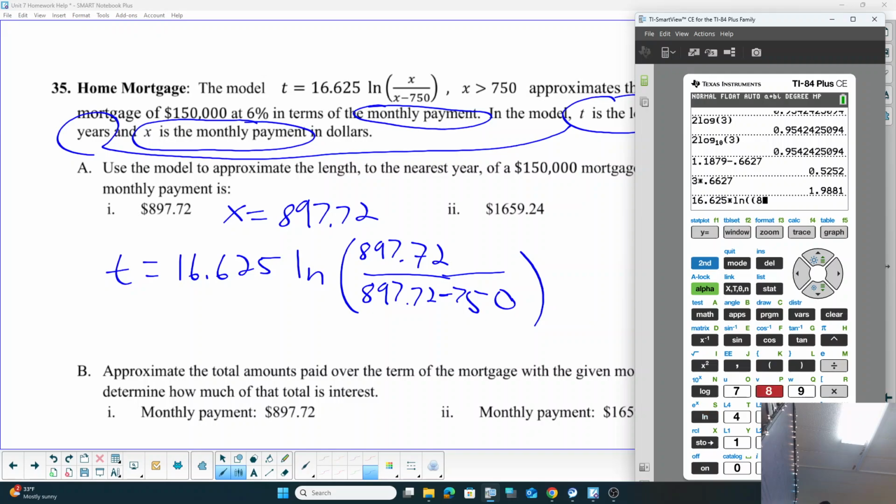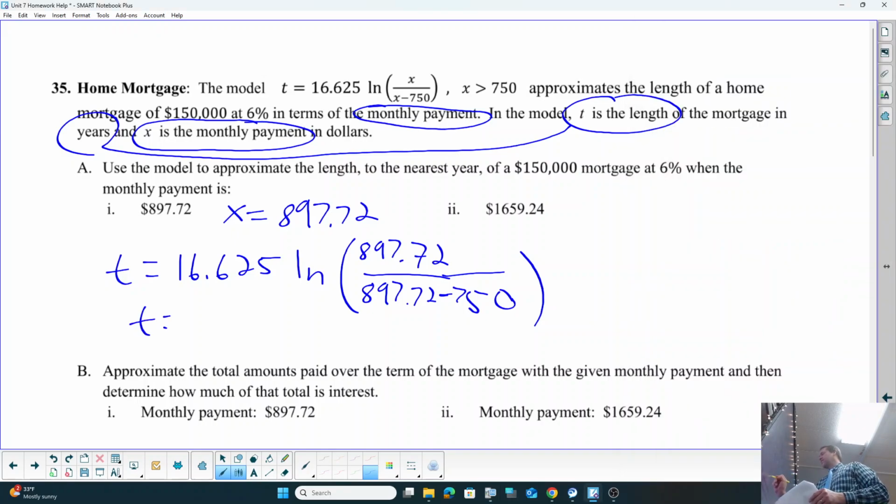So times 897.72, close parenthesis, divided by 897.72 minus the 750. Close parenthesis. What did we get? We got 30 years is what we're looking at there. So t is equal to 30 years.